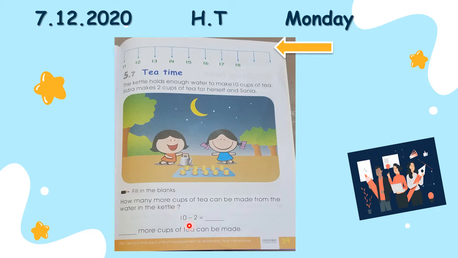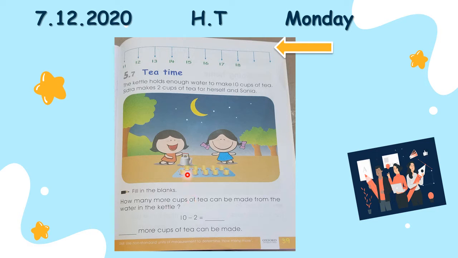Here is the question. 10 minus. Here is a sign of minus. We are going to cross the numbers, cross the object. 10 minus 2 is equal to dash. We have to fill this blank. So here are, let's count the cups. 1, 2, 3, 4, 5, 6, 7, 8, 9, 10. 10 cups are here.